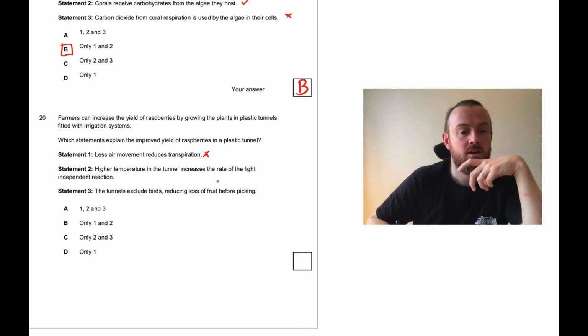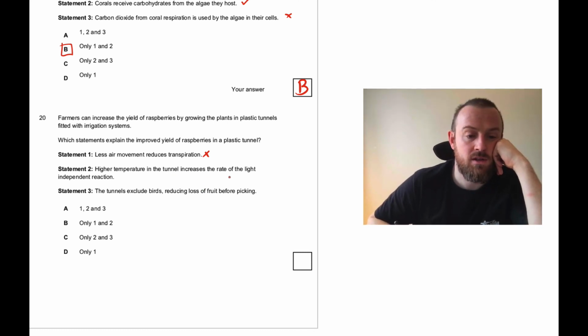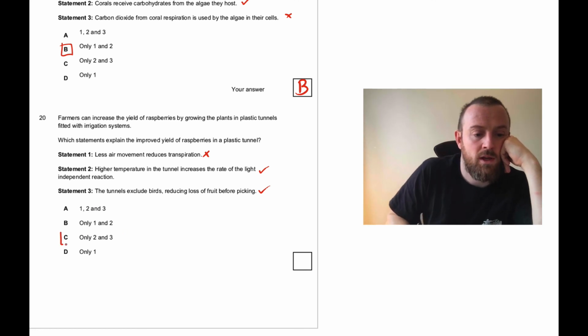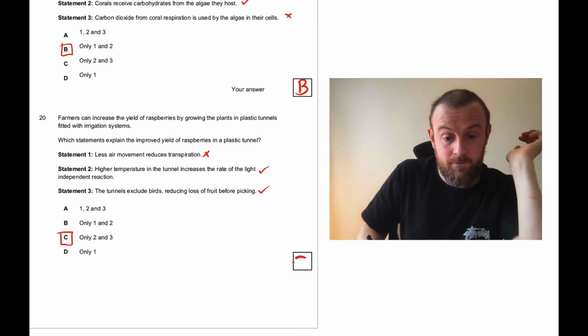Higher temperature in tunnels increases the rate of the light-dependent reaction. Yeah, higher temperature, that could be true. And 3 as well, that also could be true. So I think 2 and 3 only will increase the yield of raspberries, not 1, because it's not about photosynthesis or fruit. So therefore, 20C, yeah, that's correct.